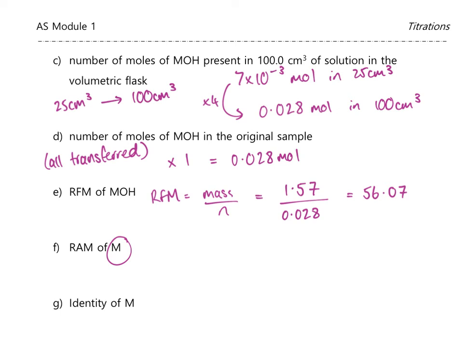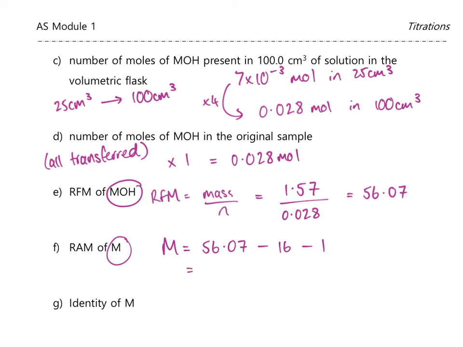So remember that the RFM we've just worked out is essentially M plus O plus H. So if I want to work out what M is, I need to take my RFM, which is 56.07. I need to take away my mass of oxygen, which is 16. And then I need to take away the mass of hydrogen, which is 1. And that should leave me with just the mass of the metal.